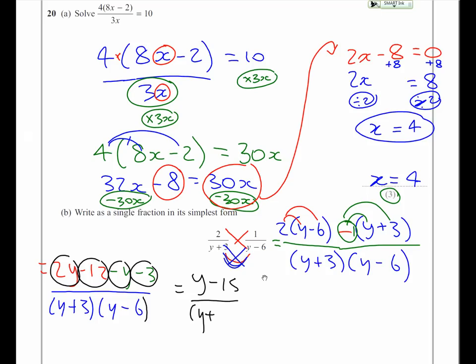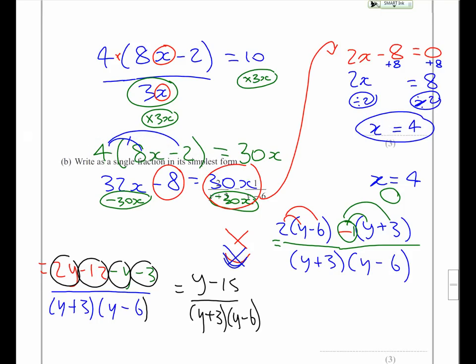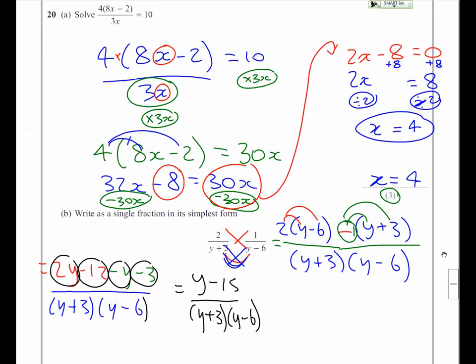Over y add 3, y minus 6. How many marks is this, to see if we have to do any more? 3 marks. That could be the final answer. But let's just check that there's nothing that's going to happen on the bottom row.